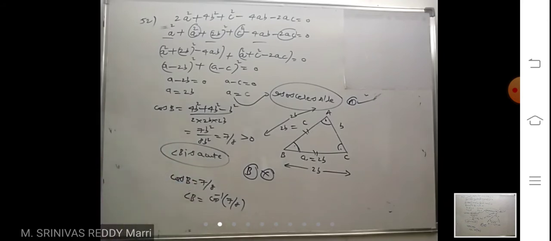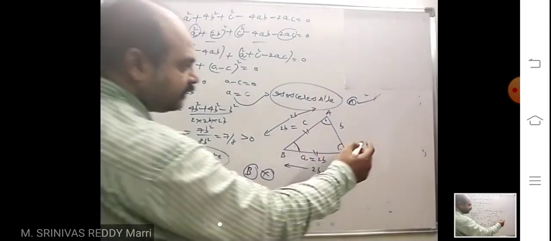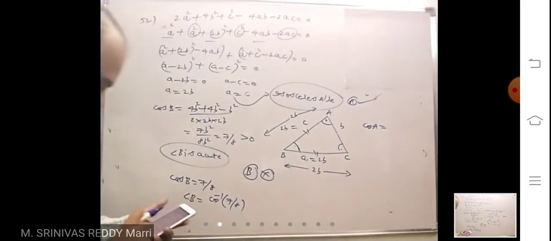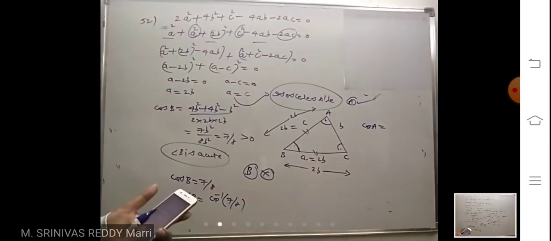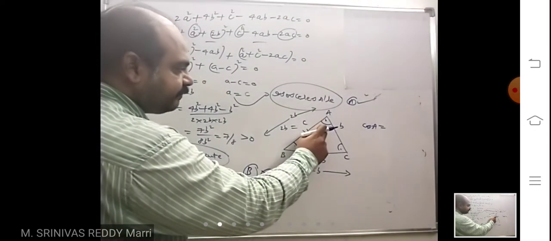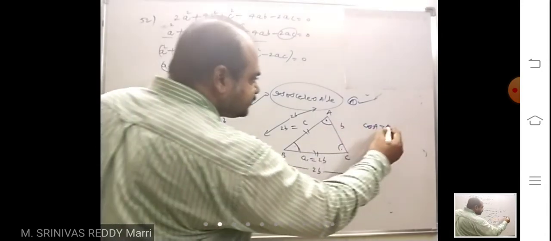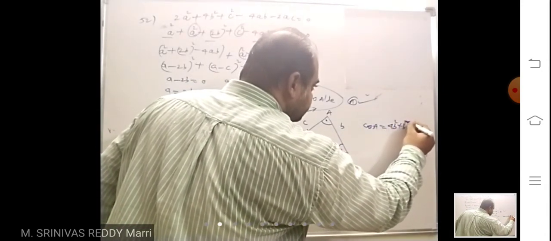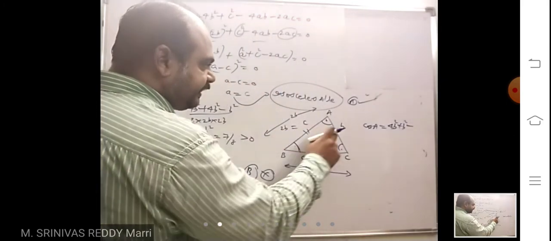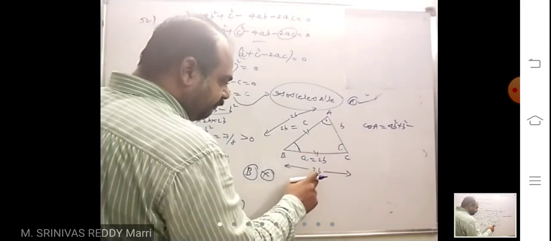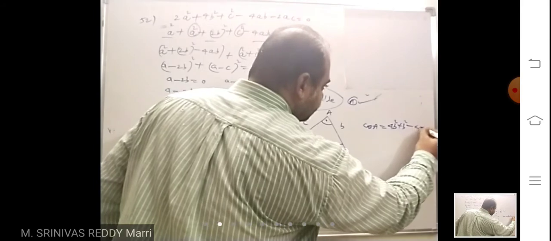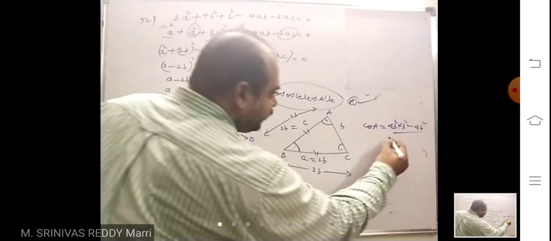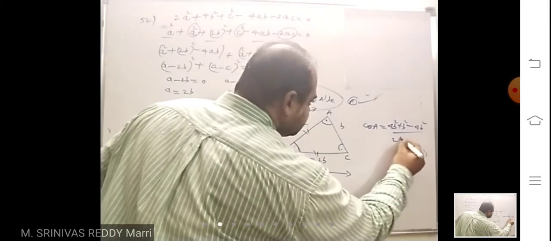Now angle A you can calculate. Cos A is nothing but this side square plus this side square minus this side square, divided by 2 into this side into this side.